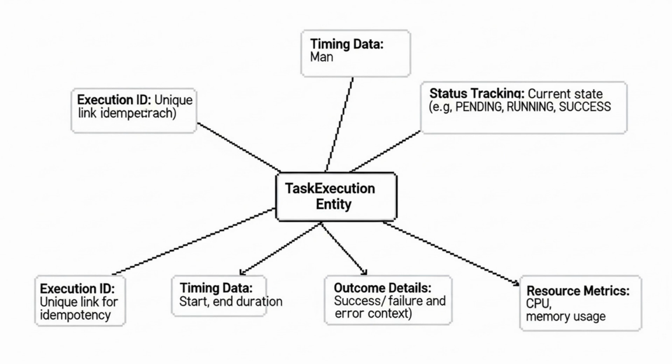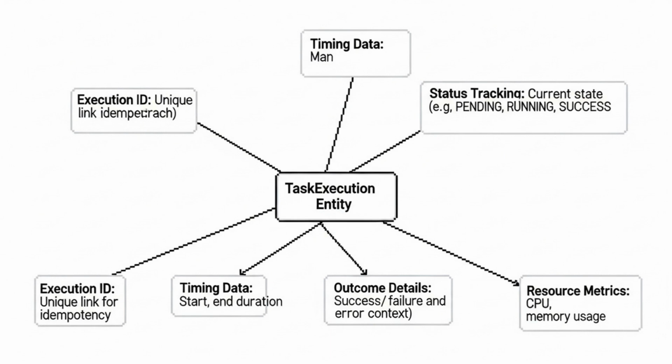Every task execution needs an execution ID, a unique identifier that often links back to our idempotency strategies, preventing duplicate records. It also contains timing data, recording the precise start time, end time, and calculated duration of the task. Status tracking tells us the current state, from pending to running, and finally to success or failed.